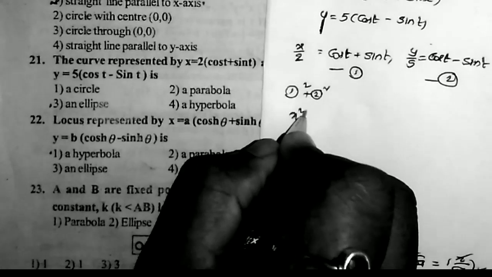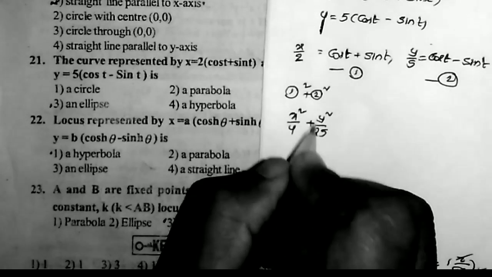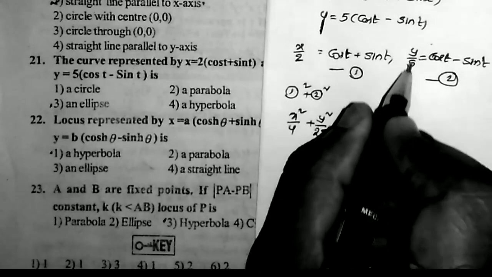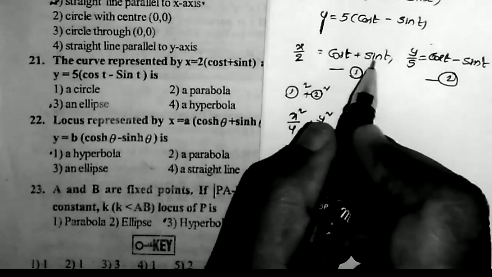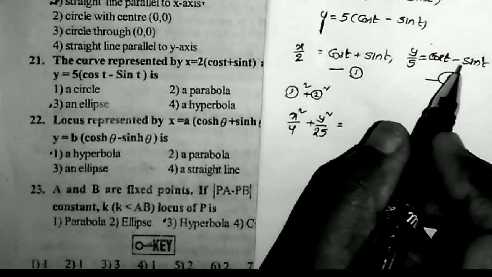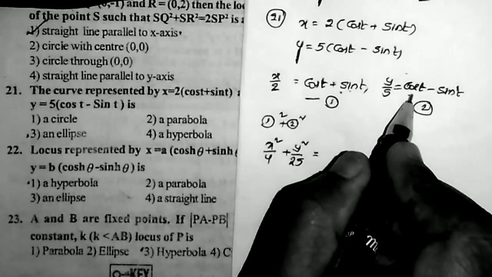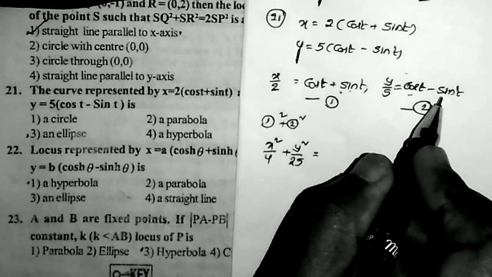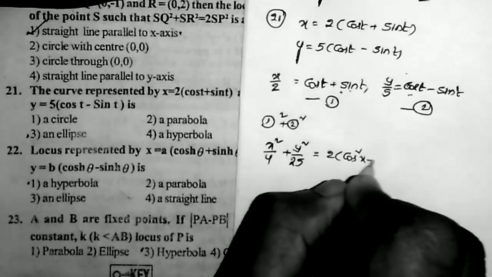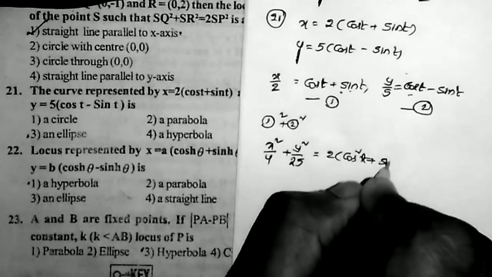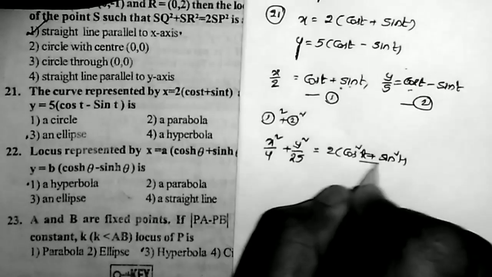Then what we get? x square by 4 plus y square by 25. First equation whole square, x square by 4. Second equation whole square, y square by 25 is equal to, this is (a plus b) whole square, this is (a minus b) whole square: cos square t plus sin square t plus 2 sin t cos t, cos square t plus sin square t minus 2 sin t cos t. What we get? 2 into (cos square t plus sin square t), which is equal to 1.